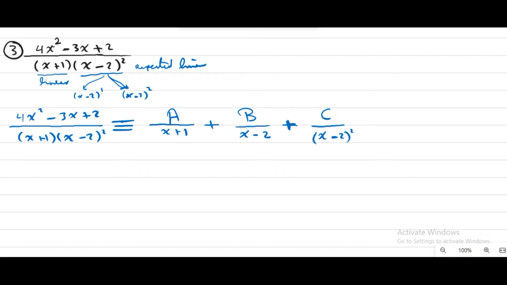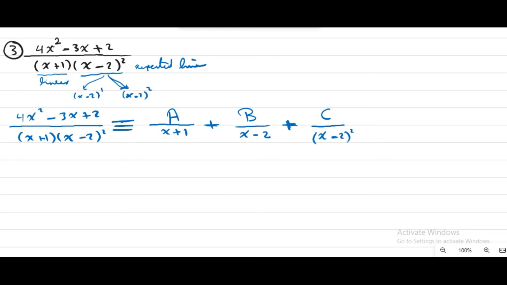Here which method will we use? Or another question, can we use cover-up method here? Yes, we can use cover-up method to solve the question, but not the whole question as in the last two questions. Here we'll use partial fraction method in a part of this question.